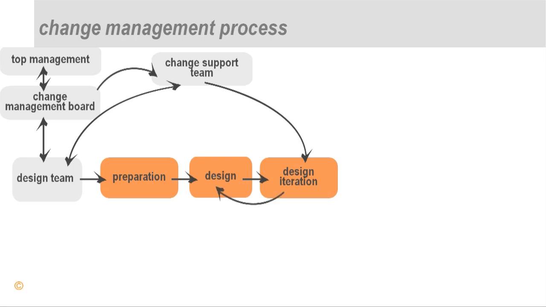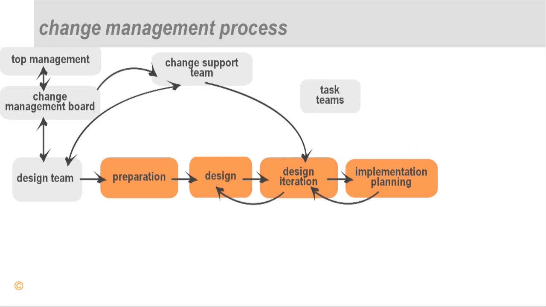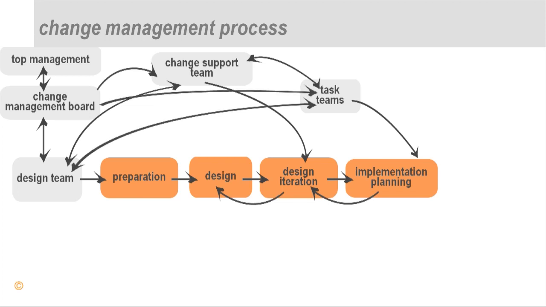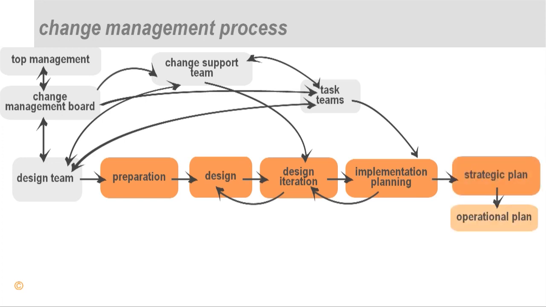Once the design has been approved, it will move to the implementation planning phase. This is facilitated by task teams who work in cooperation with the change support and the design team. The task teams also facilitate the cascading of implementation planning into the strategic plans and the operational plans.